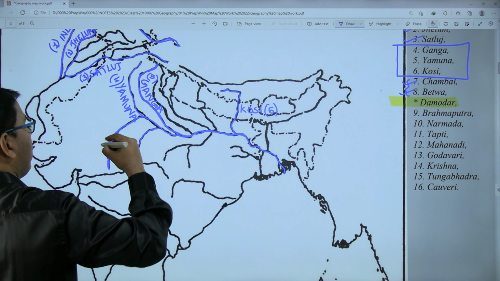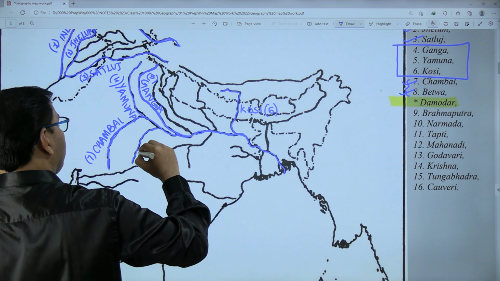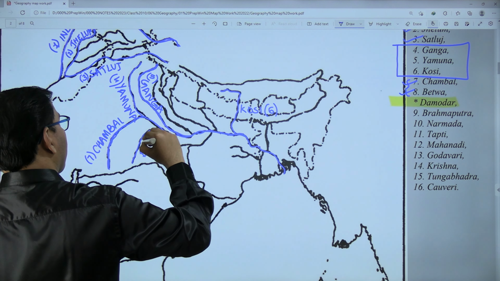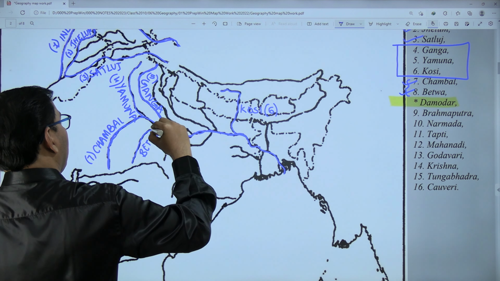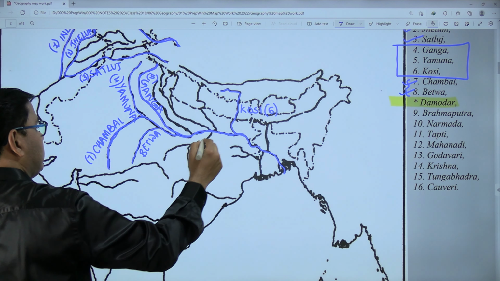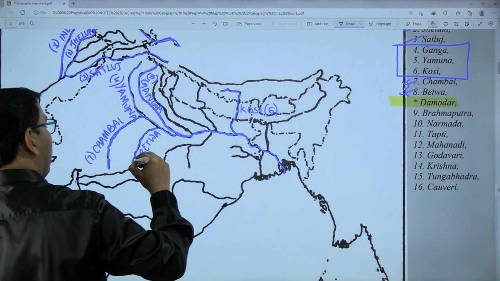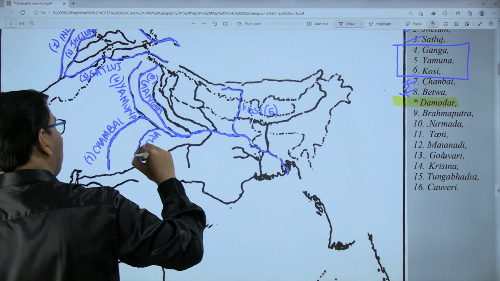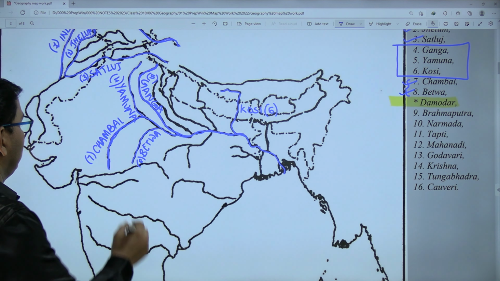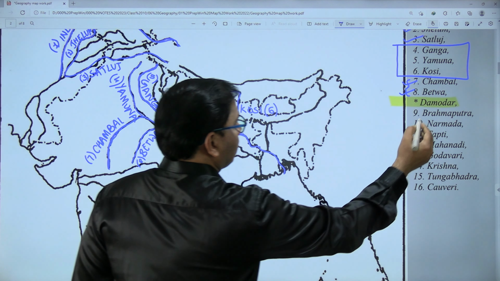River number 7, and Betwa 8. Betwa, beta, means son. Okay, this river, but that is not a part of our syllabus, so let us not concentrate on that. So 7th and 8th.